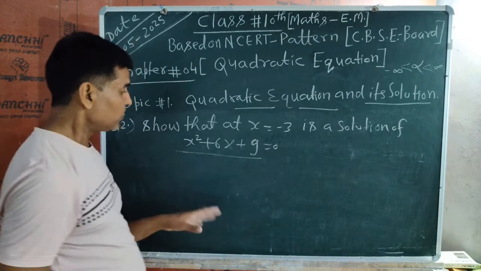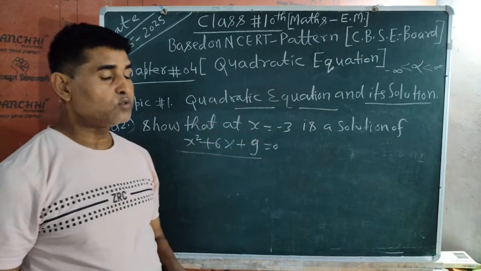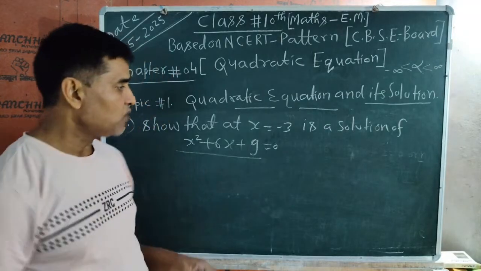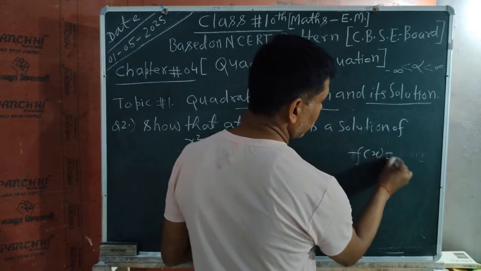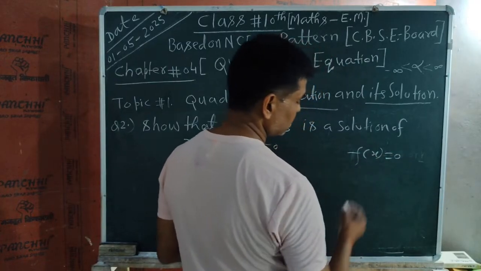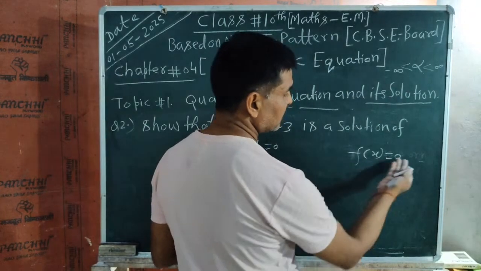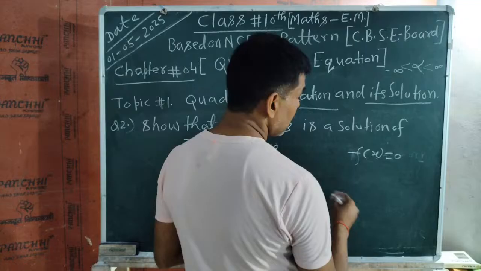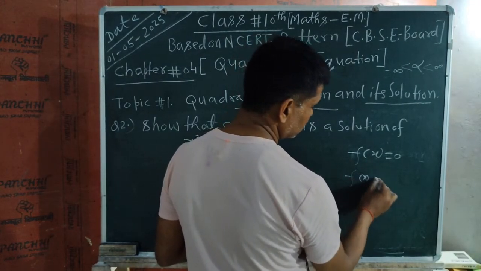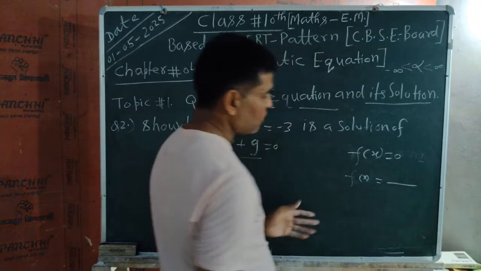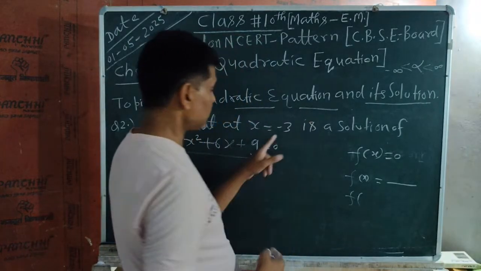Okay, student. Now in the previous question, on the quadratic equation and its solution, I have told you, first of all you have to identify that the polynomial is given in the form of f of x is equal to 0. It means that polynomial becomes an equation. Now you have to assume f of x is the given expression. Now we have to get the value at the given point. Here the given point is minus 3.